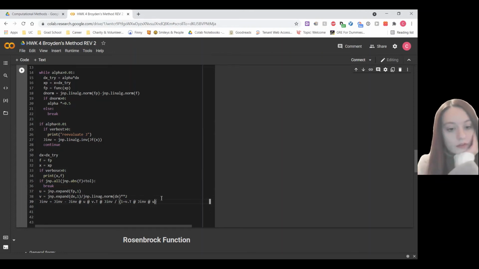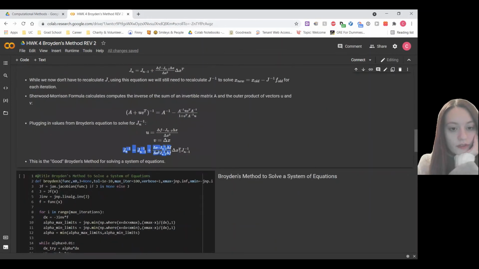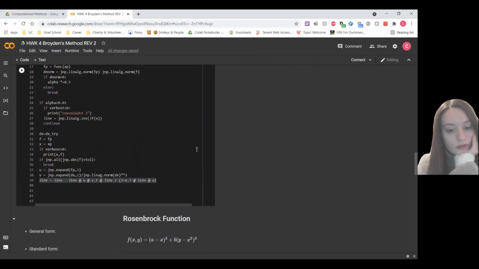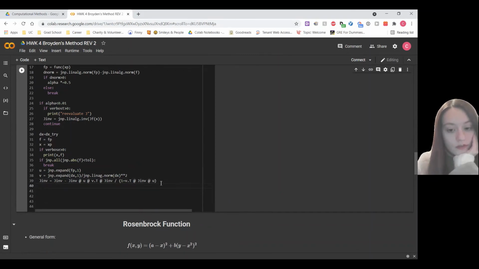So here we're literally just plugging in our values that we calculated in this function into our Broyden's update formula, or our Sherman-Morrison formula. So once we've done that plug and chug, basically, we'll return our value of x and our value of f.